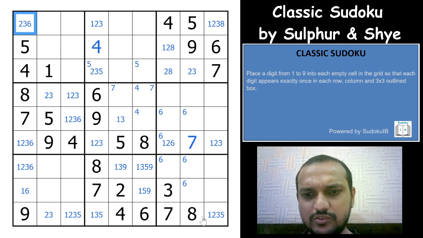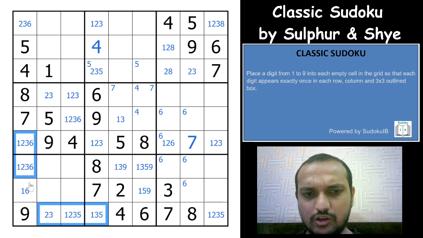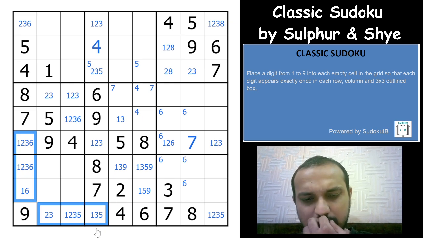I mean to say this cannot be 6 and at the same time this cannot be a 5, because if that's the case then you cannot have 1, 2, 3 in this row, this column and this row, but that doesn't help much, right?